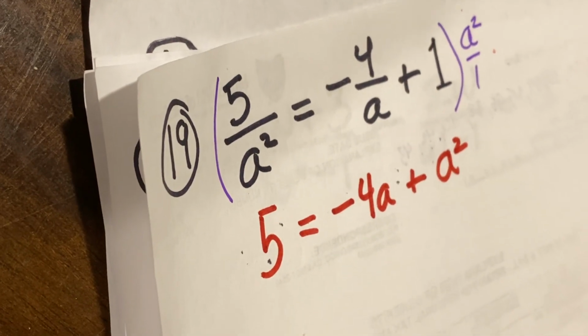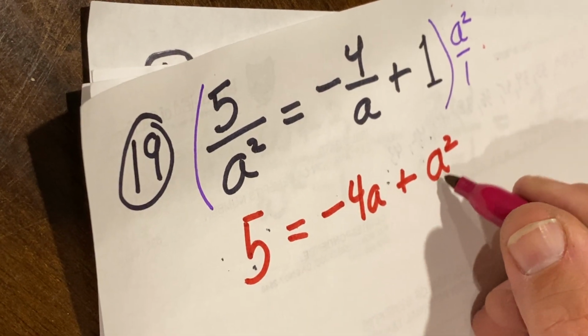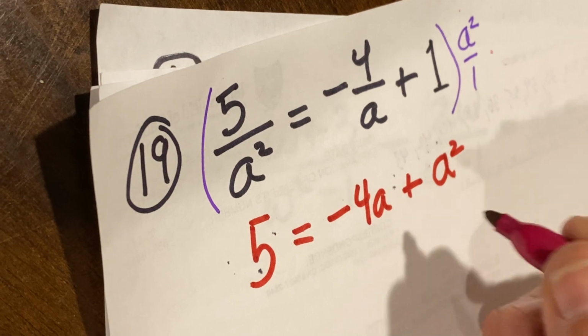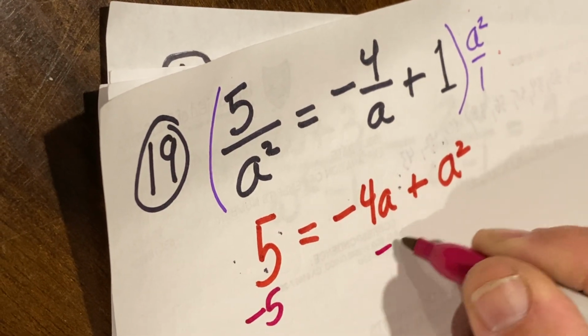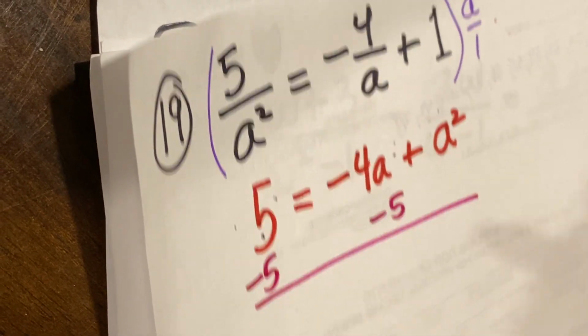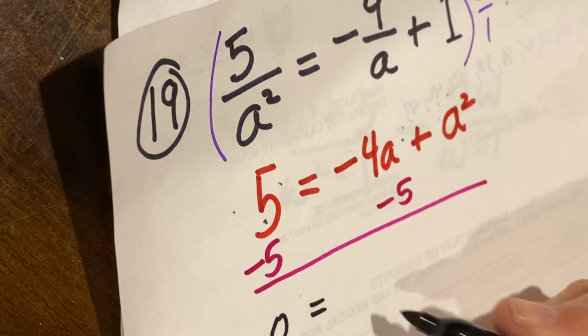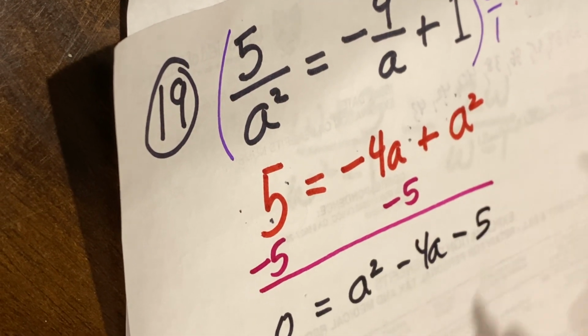Okay, so this is already positive, my squared term's positive, so I'm going to leave it there, and I'm going to move the other side over, so I'm going to minus 5 from both sides here, and that's going to give me 0 equals a squared minus 4a minus 5.